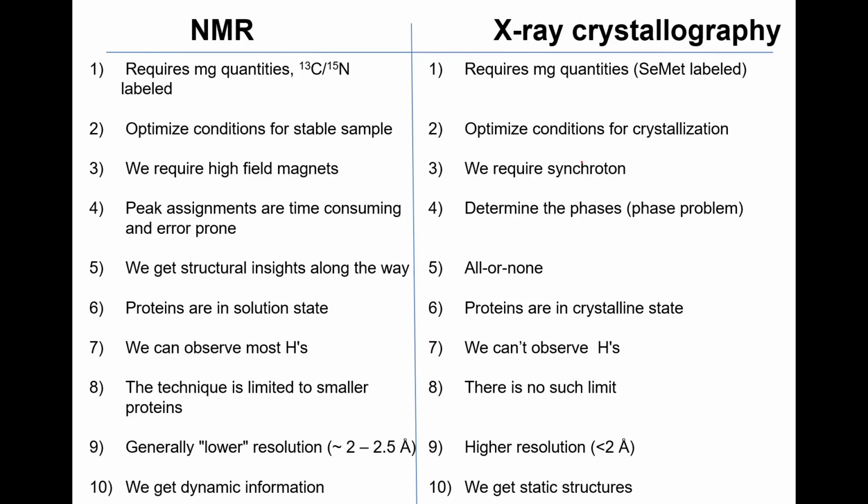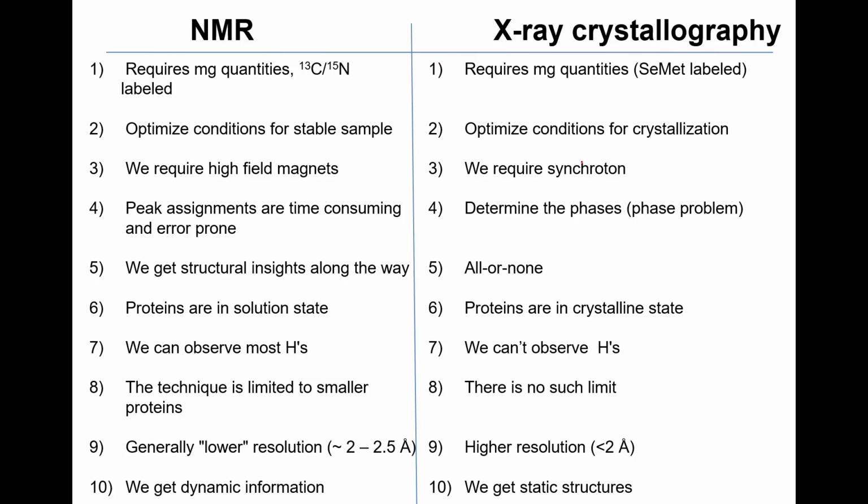But another interesting thing that could not be solved for a long time by X-ray crystallography is that, as I said, by solving the crystal, you need a symmetry. The formation of the crystal also depends on whether you have a three-dimensional fold or not.